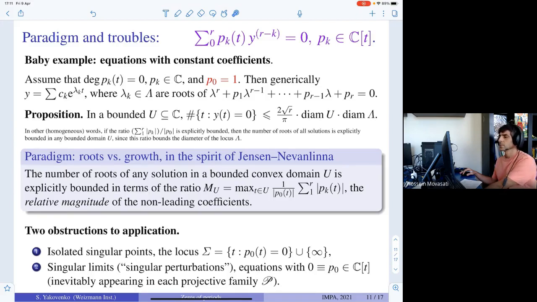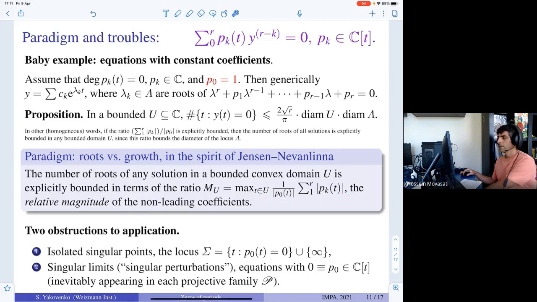What can actually be proved is a result which is true not only for equations with complex coefficients, but also for equations with variable coefficients.